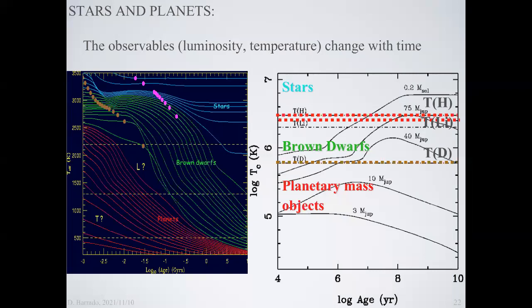Brown dwarfs only do this for a very tiny fraction of time, and only with a specific isotope of hydrogen, deuterium. And we can find even less massive objects, the planetary mass objects, to be redundant, that don't have any kind of nuclear reaction at any moment.